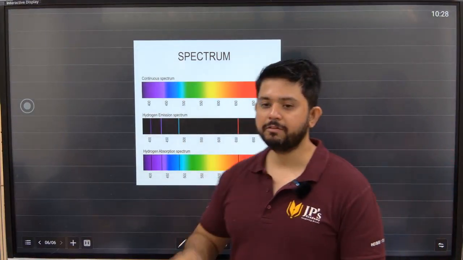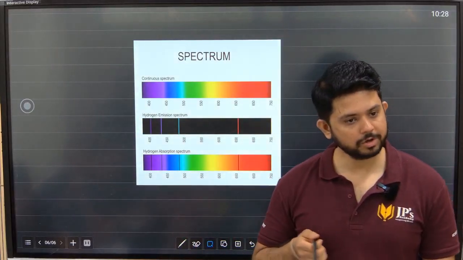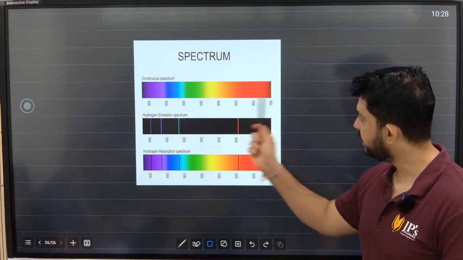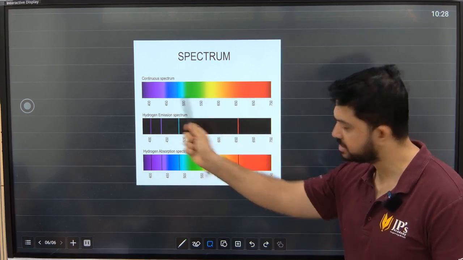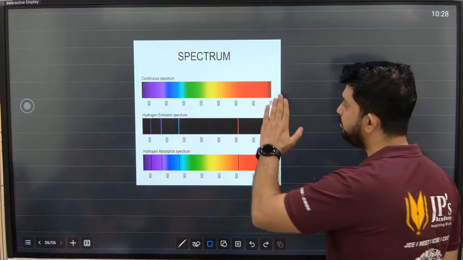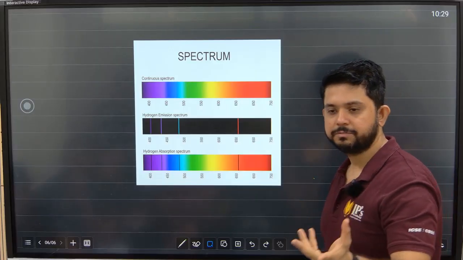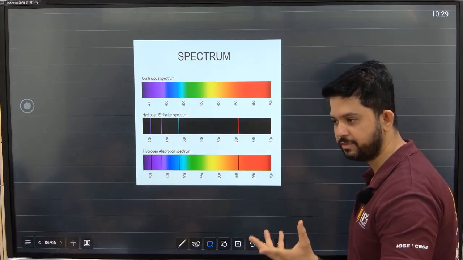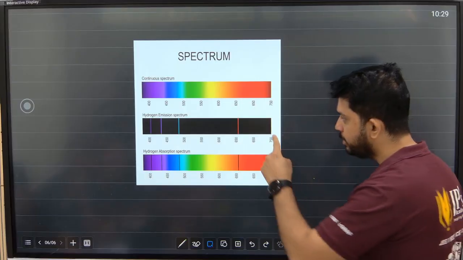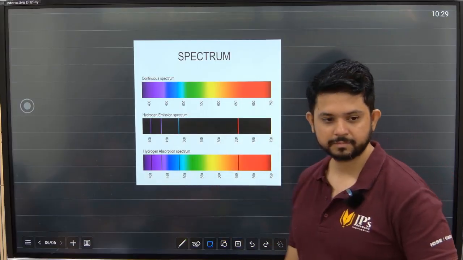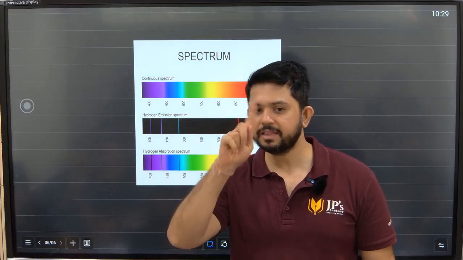So people, on top we have the rainbow or continuous spectrum. Can you distinguish each color? No, they blend into each other, because the frequencies are very close. It's very difficult for the naked eye to distinguish. But what do you see in the hydrogen spectrum, people? We see only 4 lines.